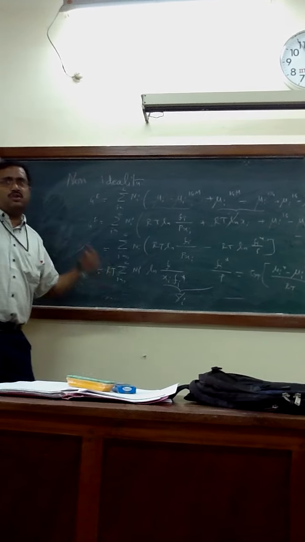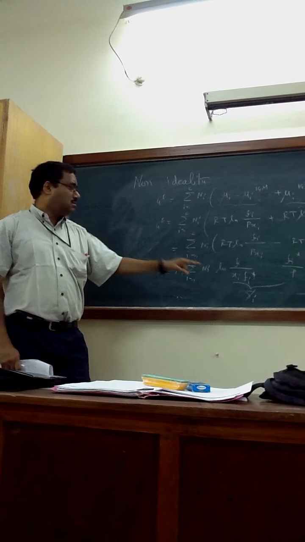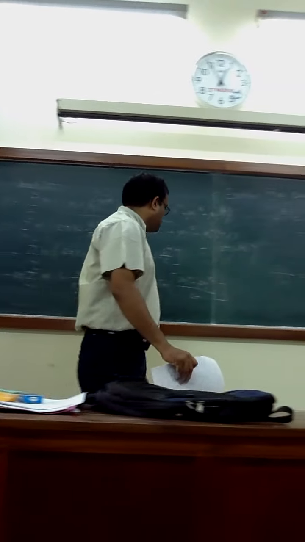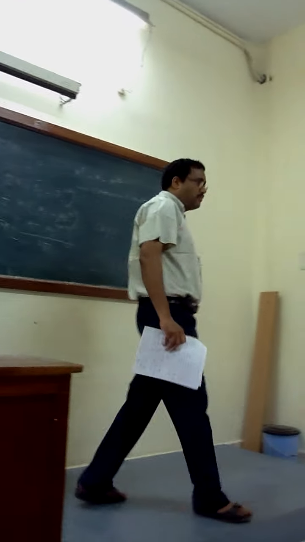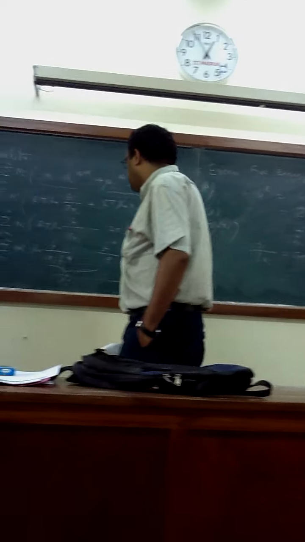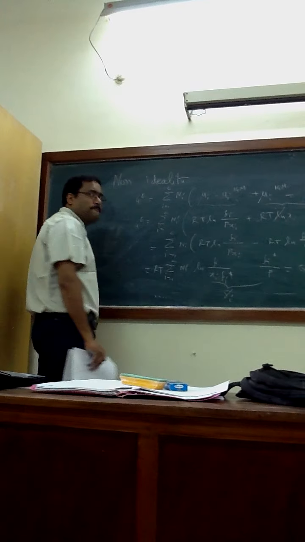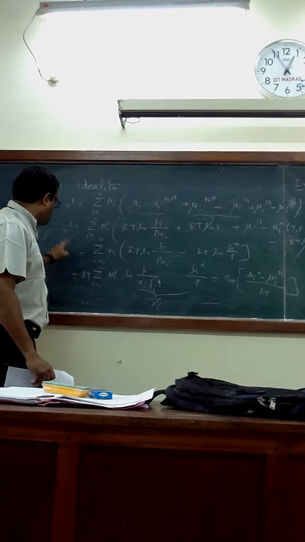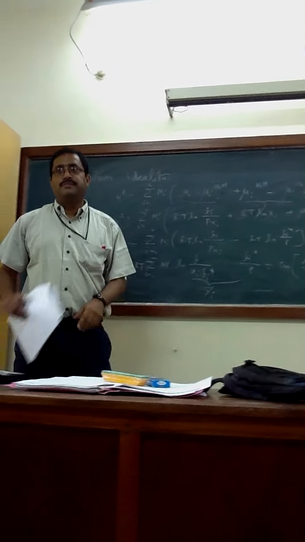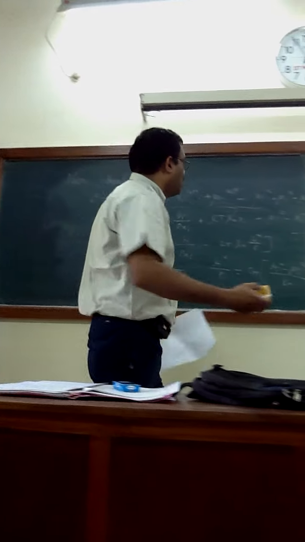And this is termed as the activity coefficient. Fi by xi Fi star is termed as the activity coefficient. Correct? So you got Ge equals RT summation i equals 1 to C Ni ln gamma.